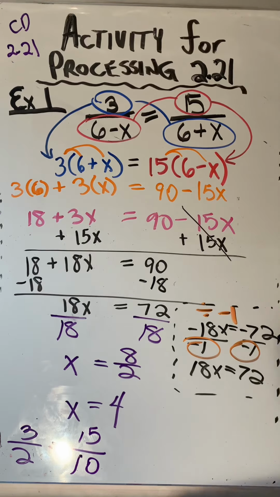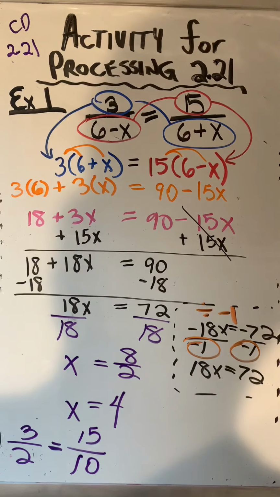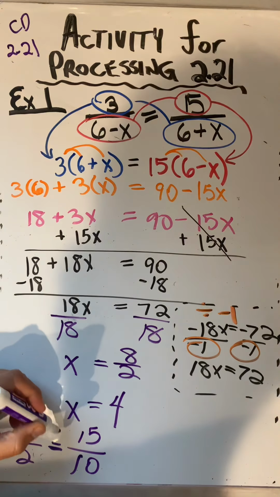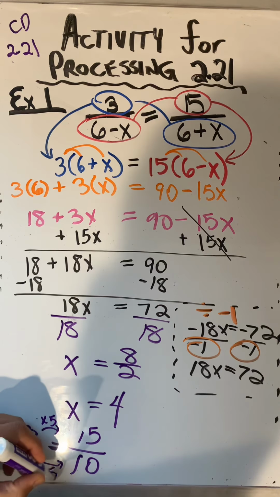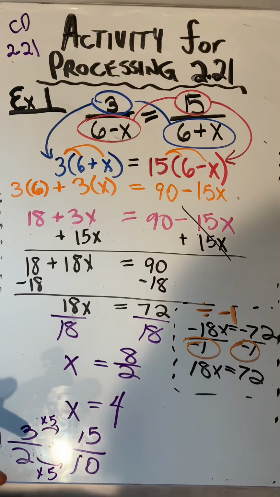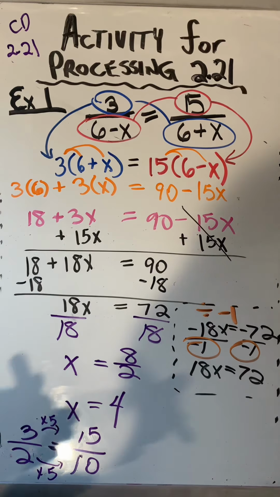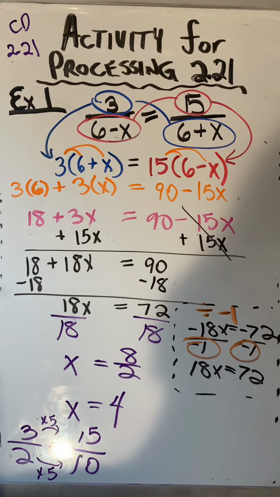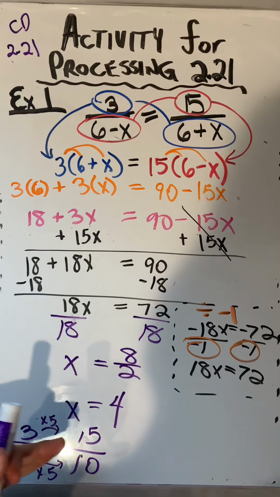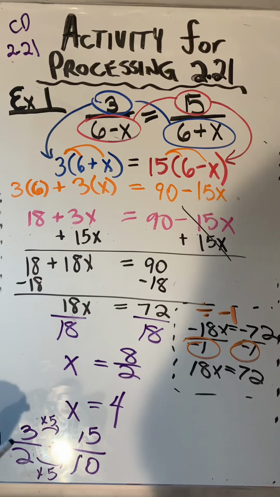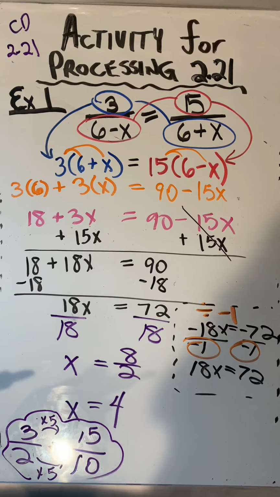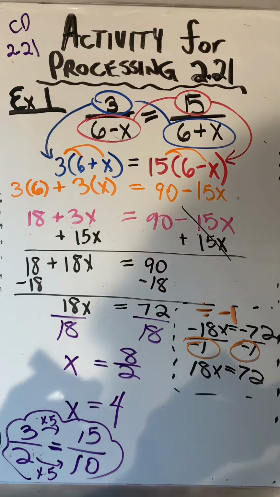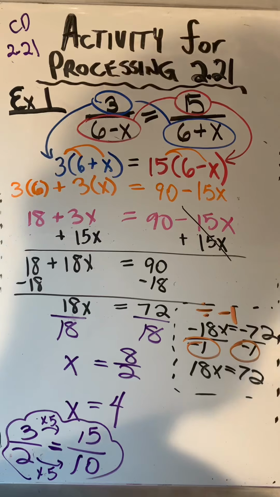So 3 over 2, is that equal to 15 over 10? Yes, because you will notice that 15 over 10 and 3 over 2 are just different multiples of each other. So 3 over 2, you would say, is a reduced version of 15 over 10. So checking your work, as always, is a great tool to see whether or not your work is correct.